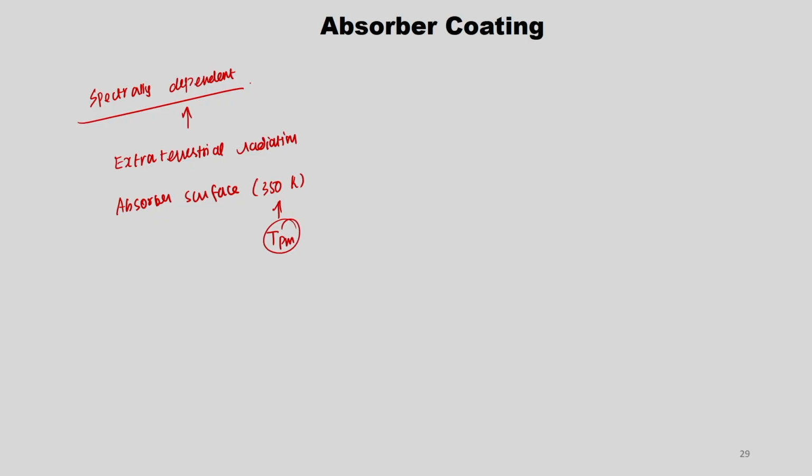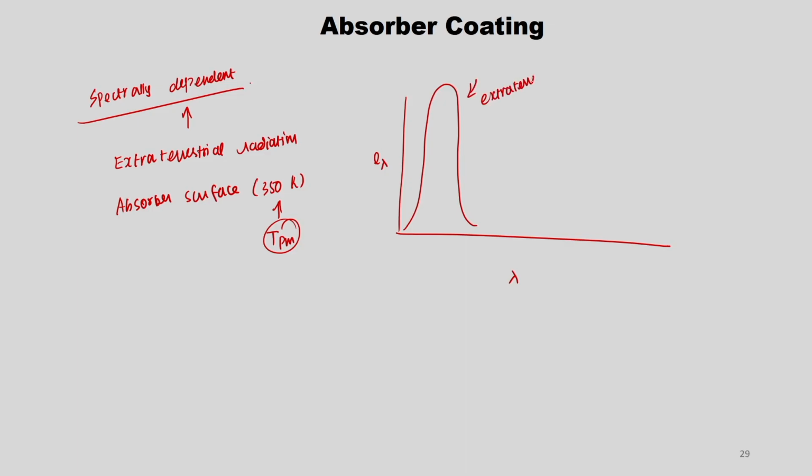By comparing these two, the study says that if we plot lambda, which is nothing but wavelength, versus E lambda, this is the curve for extraterrestrial radiation, which is to be absorbed, and there is radiation which is re-radiated from the absorber surface. That is coming around at the wavelength of 8.3 micrometer.